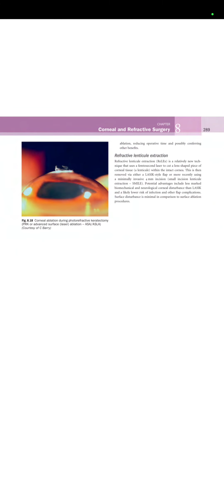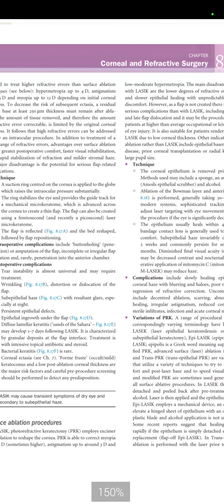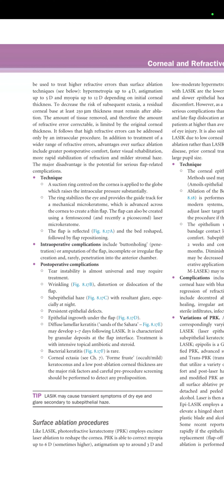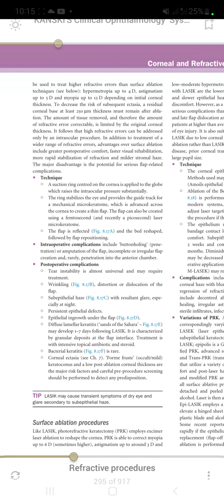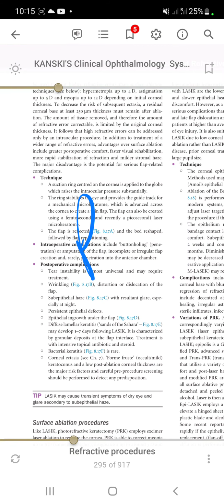Surface ablation procedure. Like LASIK, photorefractive keratectomy employs excimer laser ablation to reshape the cornea. So photorefractive keratectomy is a different kind of procedure.